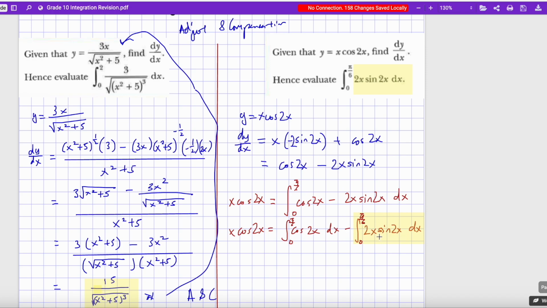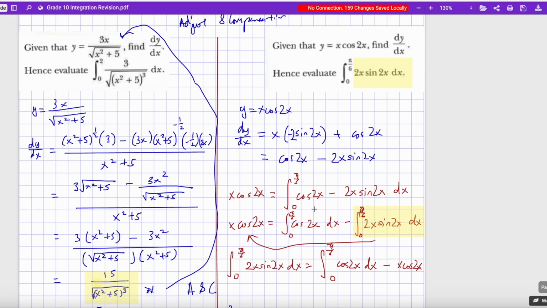All right, so let's isolate 2x sine 2x, which is what we want. We just bring things over. So the integral from 0 to pi over 6 of 2x sine 2x dx is the same as the integral from 0 to pi over 6 of cosine 2x dx minus x cosine 2x. I just switched places with this term.